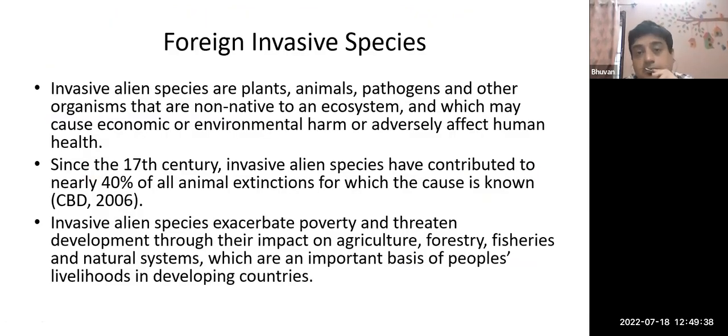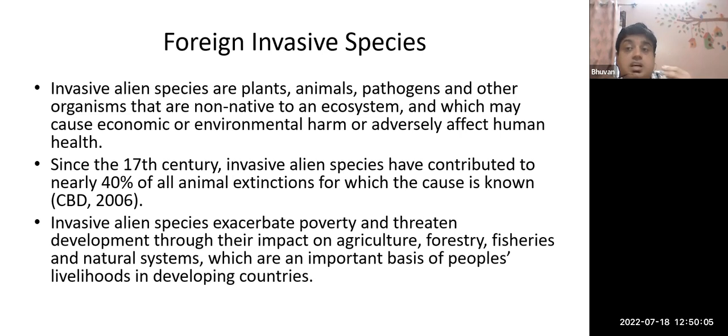And another major reason behind the extermination of biodiversity is invasive species. The foreign invasive species are species of mammals, animals, plants, and also pathogens, which are non-native to any particular area, but they are deliberately or accidentally introduced to that non-native environment, and now they are flourishing.